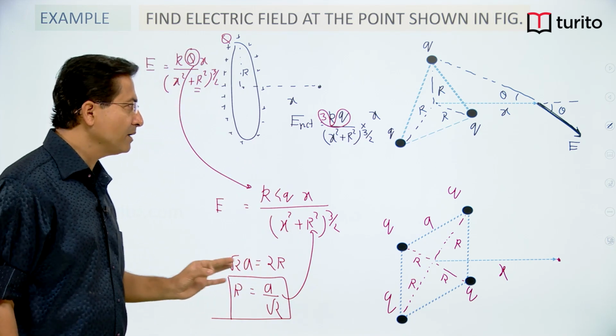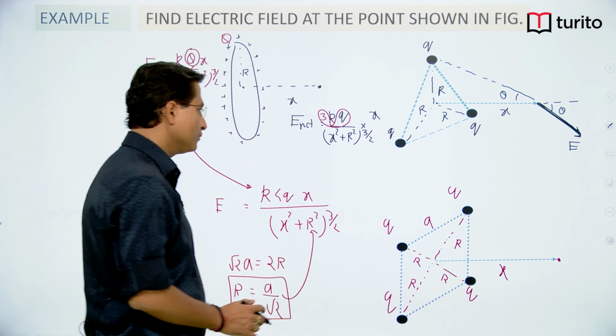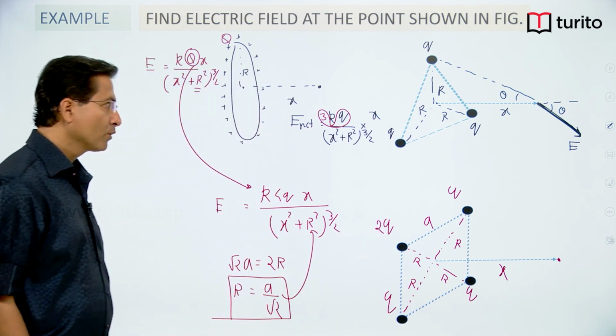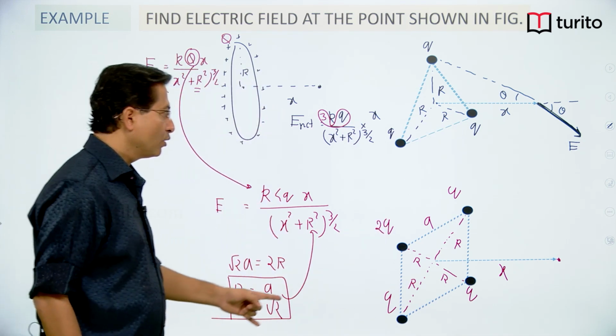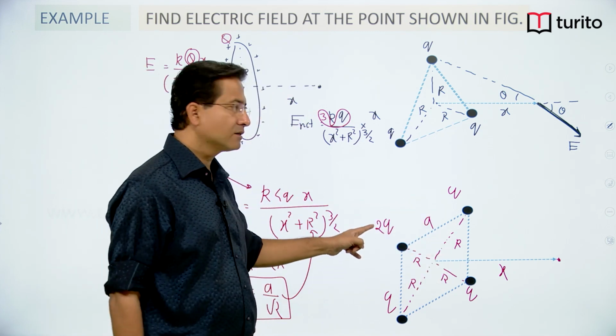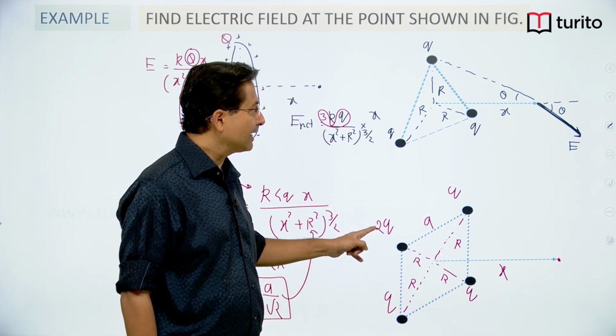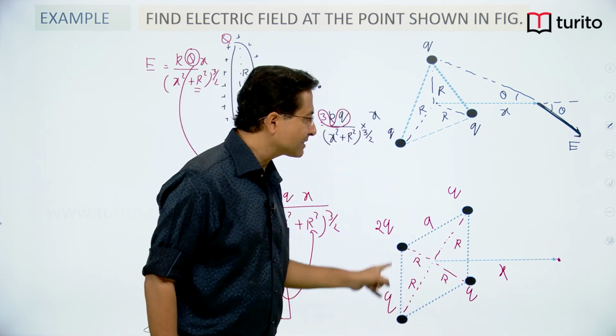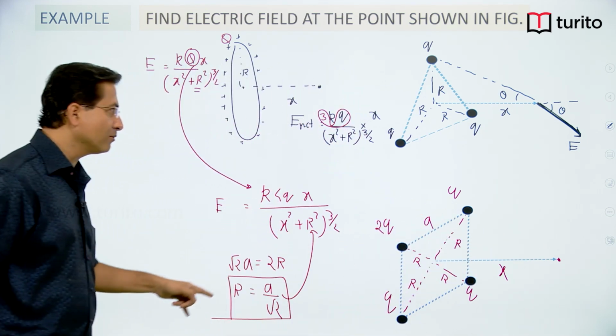If I just make one of the charged particles 2q, remaining are q and this one is 2q, that means now the y component will also come into picture, but the x component I can directly write using the same logic.